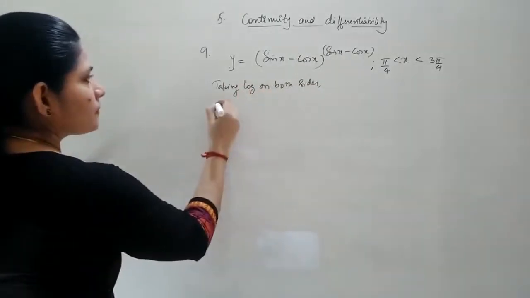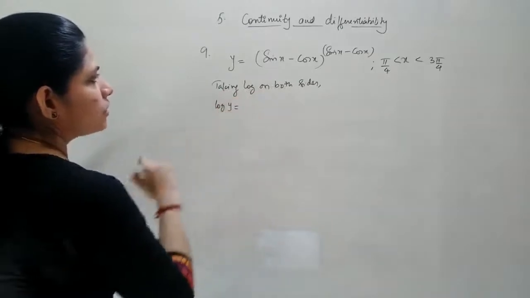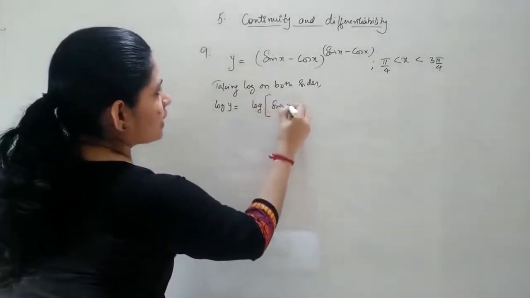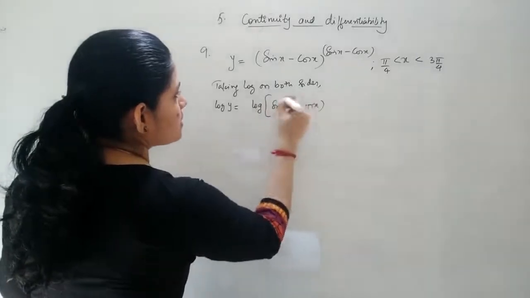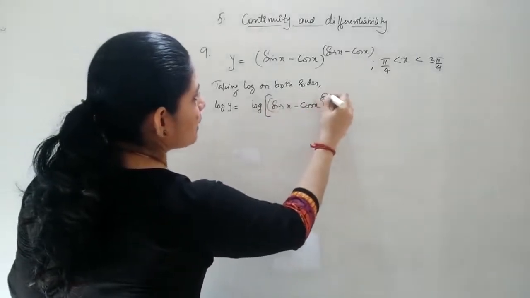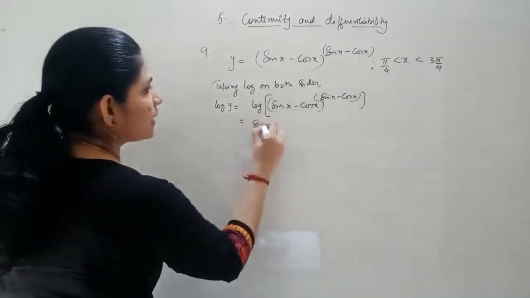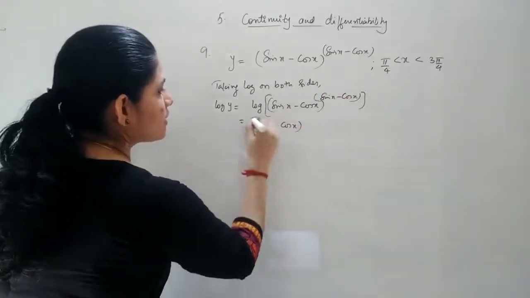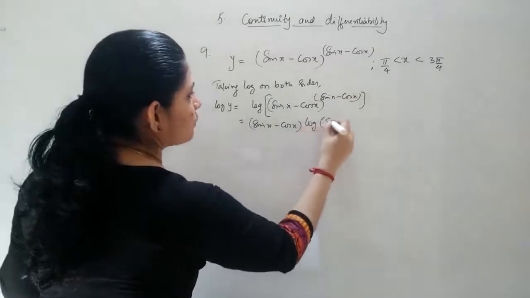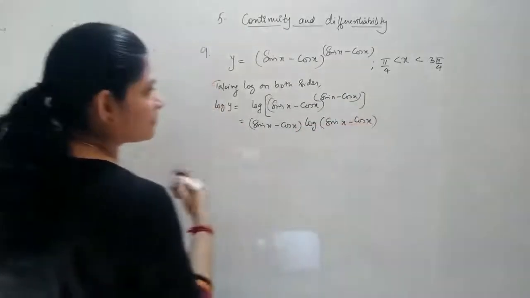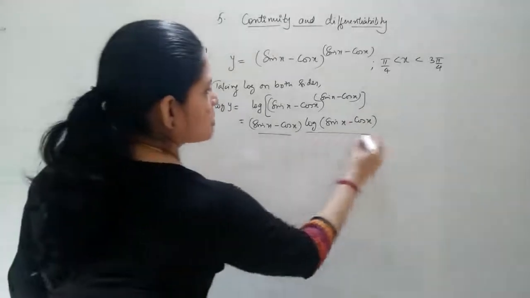Will give you log y is equal to log of sin x minus cos x the whole raised to sin x minus cos x. So this is sin x minus cos x into log of sin x minus cos x. One term, this is another term.